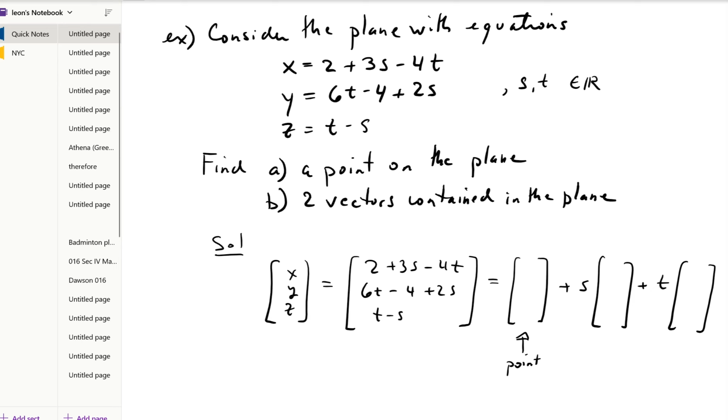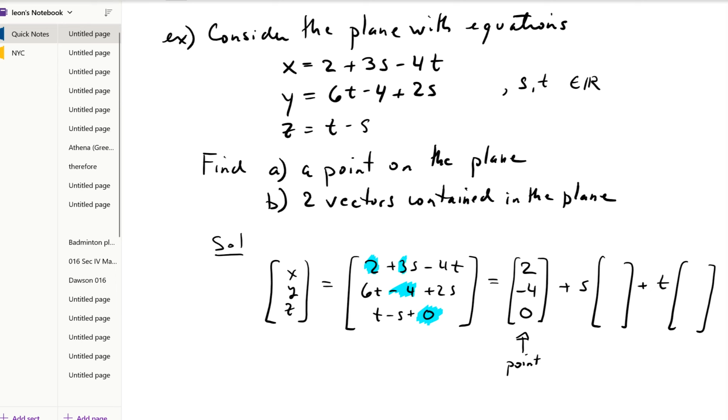So for the point, what I'm looking for are constants. There's no s and t present in the expressions for my point, so I have to look at what the constants are in each expression. There's 2, minus 4, and here hiding 0, as if I have a plus 0 there. So it's 2, minus 4, and 0. Those are my constants. What are the coefficients for s?